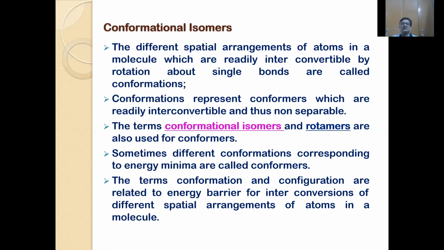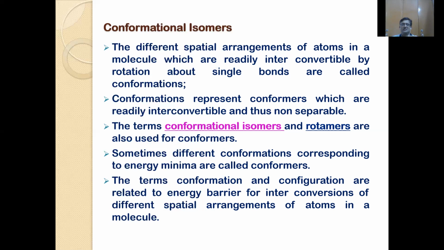In the same way, when a molecule gets more energy, it keeps rotating on its own axis around the single bond character. As soon as it attains minimum energy, one stable structure is obtained. That we can see later. The terms conformation and configuration are related to the energy barrier for interconversion of different spatial arrangements, whether configurational or conformational, but both are related by the energy barrier and the potential energy factor.